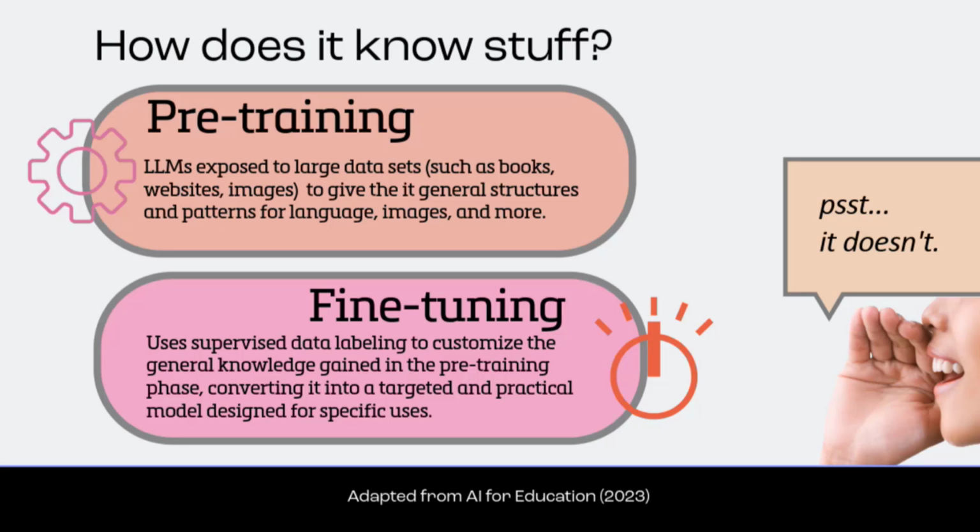And then these are fine-tuned. There's a secondary process that usually uses real people to do some data labeling and customization in order to take that pre-training material and those structures and fine-tune them for a specific purpose.